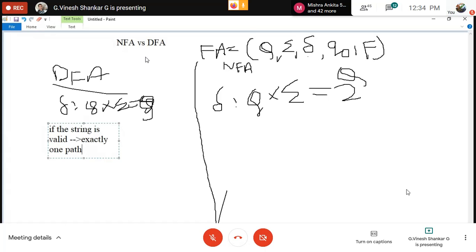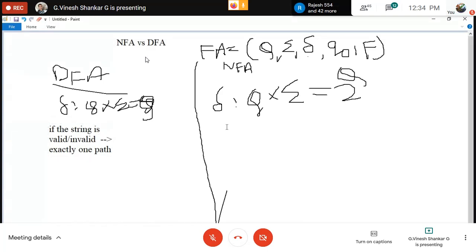Even though the string is valid or invalid also, we are having only one path. Exactly one path in DFA. Right or not? This is a very important point.